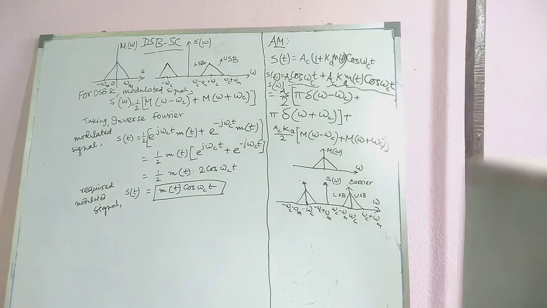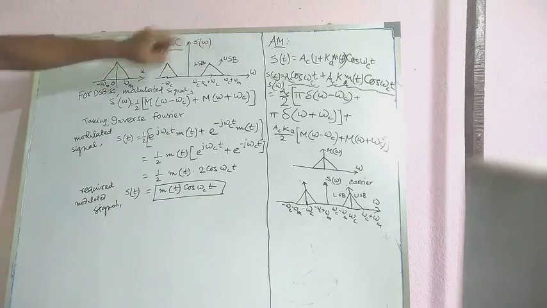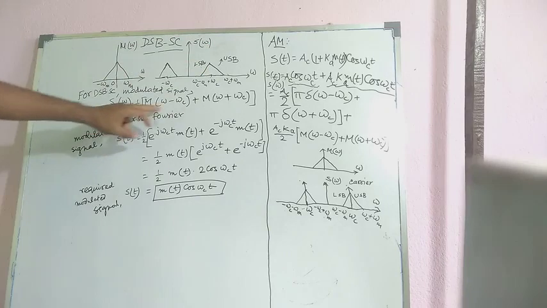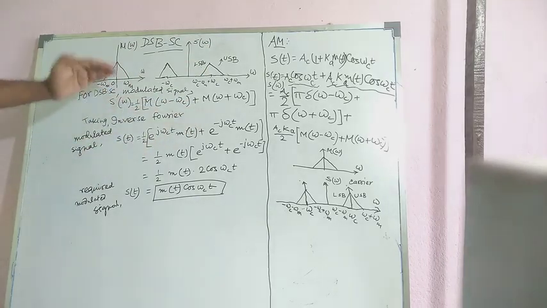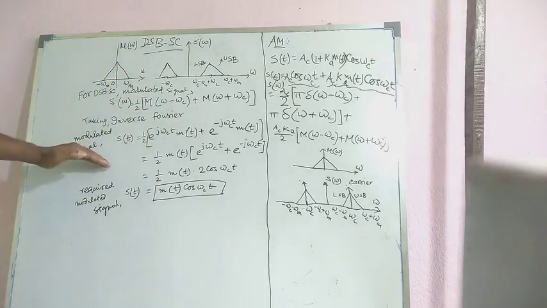Initially, we would write m(t) cos omega c t blindly, without thinking. Rather, the approach I have proposed for you is that we consider the signals we actually require to send, and then check the inverse Fourier transform.